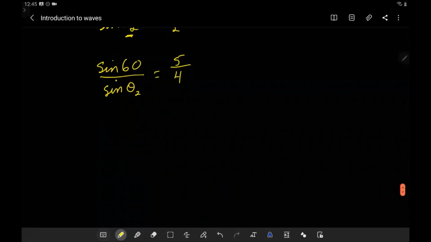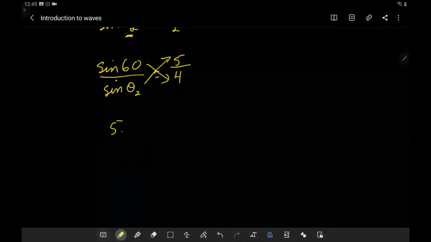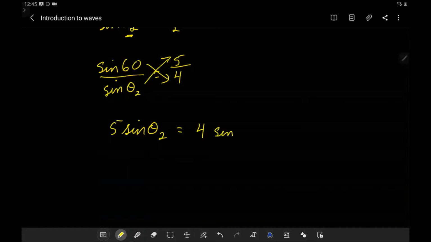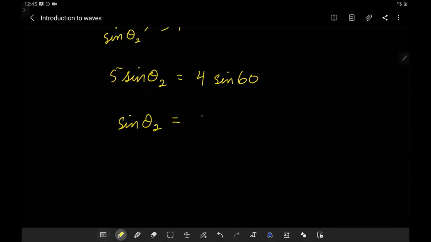So we could cross multiply. We have 5 sine theta 2 is equal to 4 sine 60. So sine theta 2 is equal to 4 sine 60 over 5.